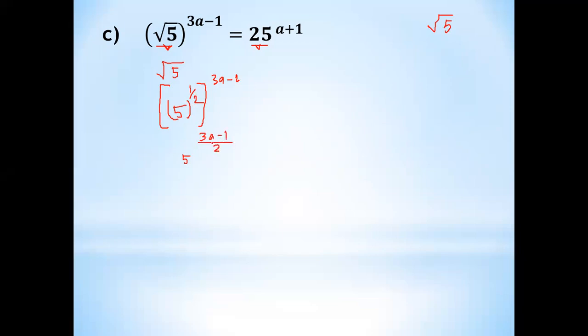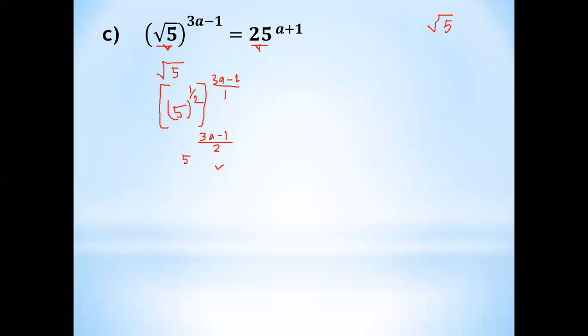Yes. Numerator 1 will multiply numerator 3a minus 1, and denominator 2 will multiply denominator 1. So 1 times 3a minus 1 is 3a minus 1, and 2 ones are 2. That's right. So the left hand side can be written as 5 to the power (3a minus 1) by 2.